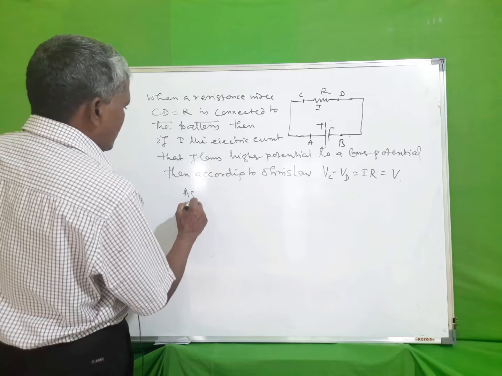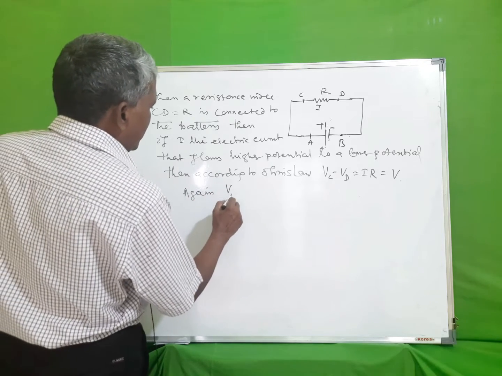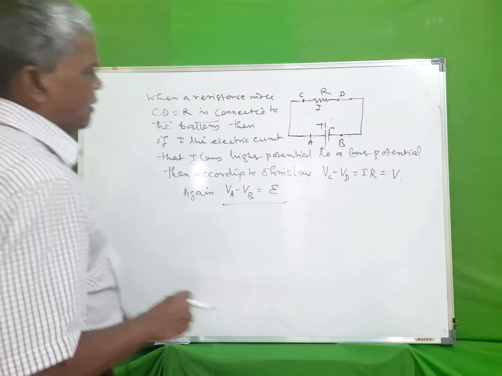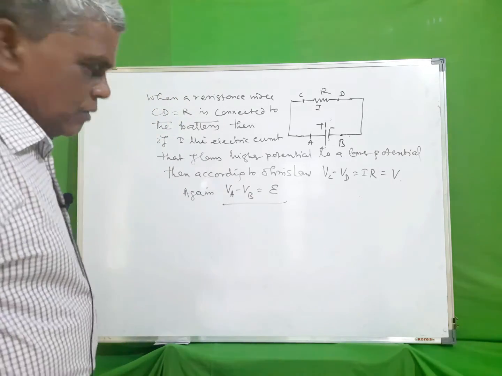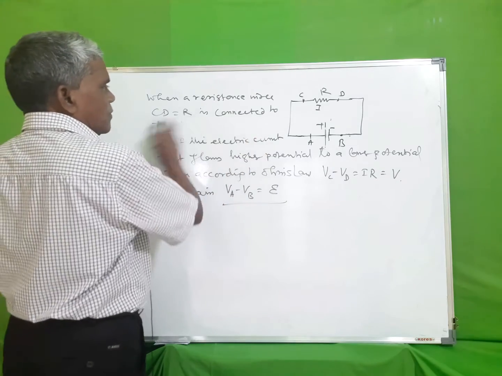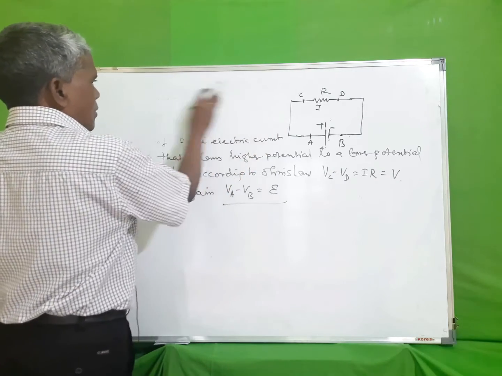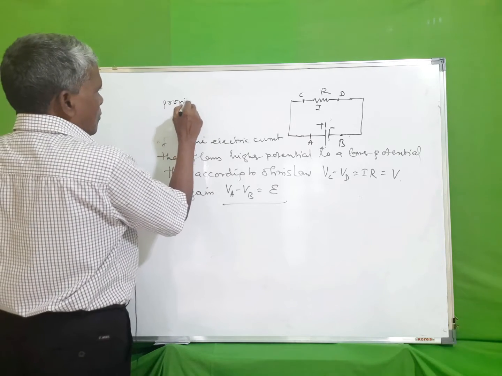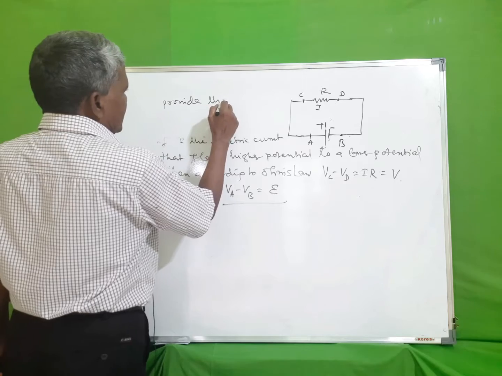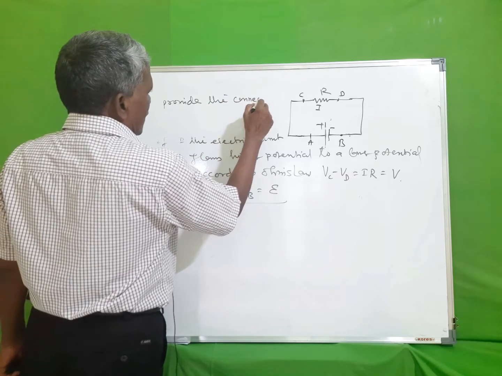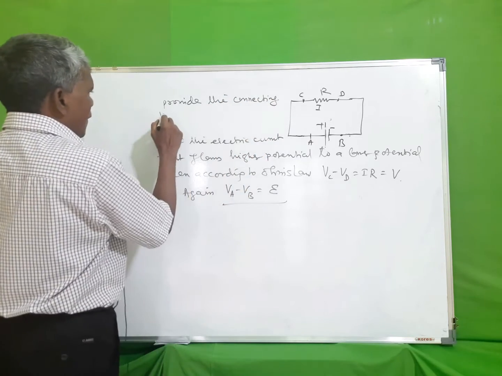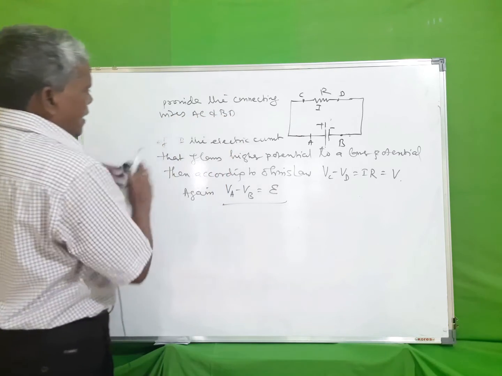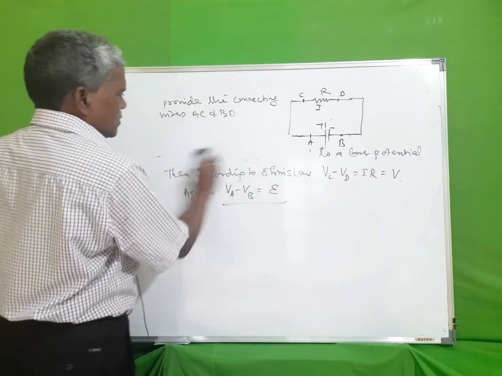Again, Va minus Vb is equal to the EMF E of the battery, provided the connecting wires AC and BD have negligible resistance.